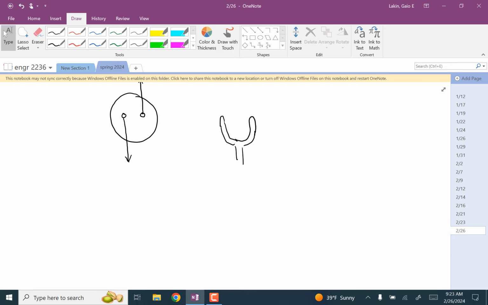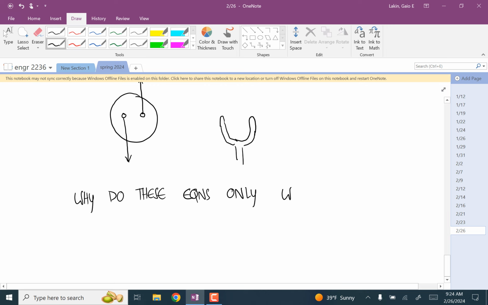So now I'm going to give you some general steps for doing 2D rigid body kinetics problems. Before I do that, I just want to point out why this only works for 2D. Why doesn't this work for 3D problems? Let me rewrite this.